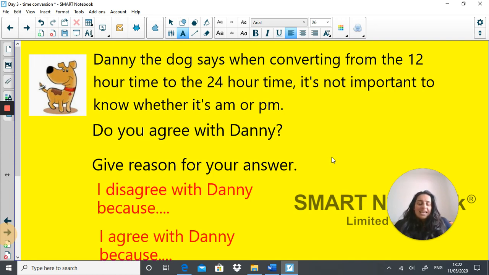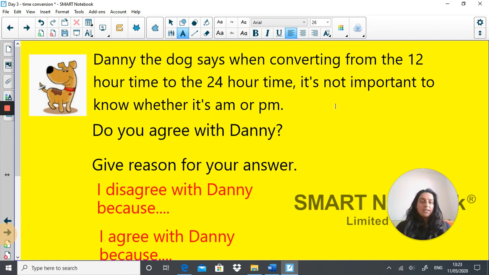Now, it is absolutely essential that you know whether the 12-hour time is AM or PM, because then you know whether you are using the numbers 0 to 12 on the 24-hour clock or numbers 13 to 23 on the 24-hour clock.